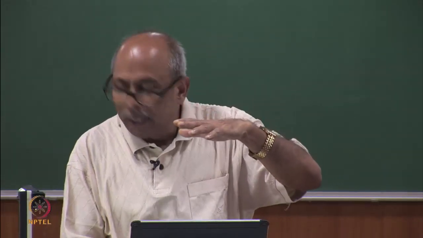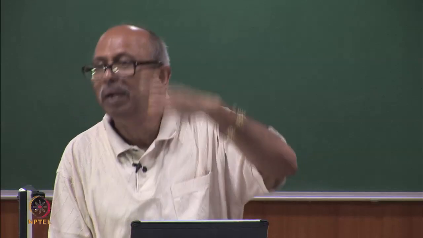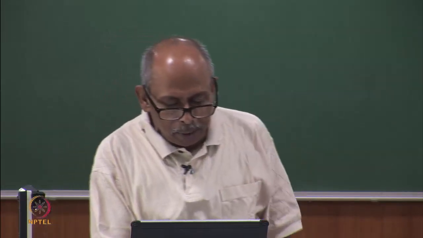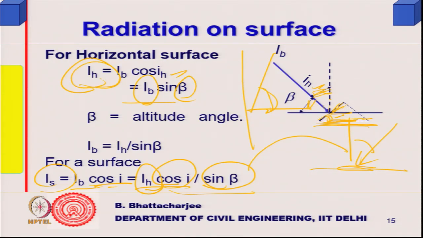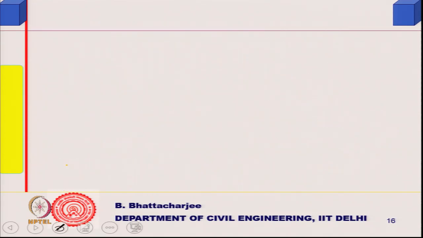I measure on a horizontal surface and find out the beam radiation; the relationship between horizontal radiation and beam radiation is given by this. So, the measured one is the horizontal radiation. If I know the horizontal radiation, the incident angle and the altitude angle of the sun for any surface, I can find out the solar radiation. So, that is the radiation on any surface.